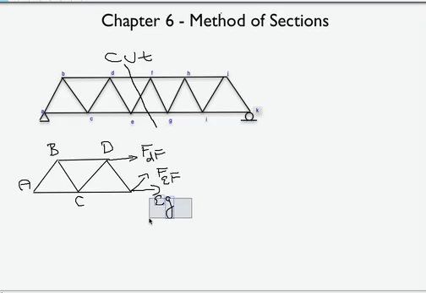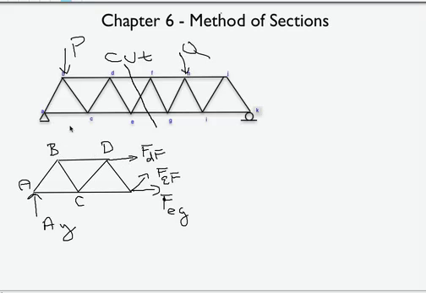We have the reactions at A, due to, let's say, a force P here and a force Q here. Notice when we draw this free body diagram, there's that external force, so we have to include it. That's got to still be there.